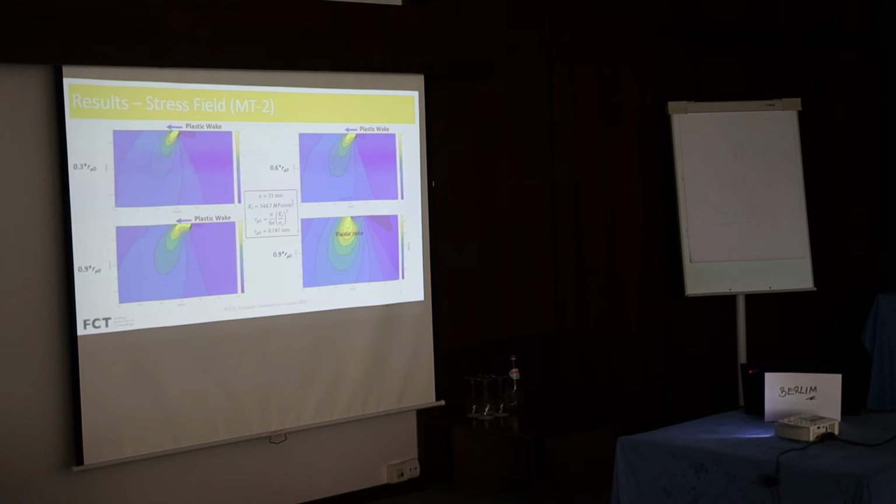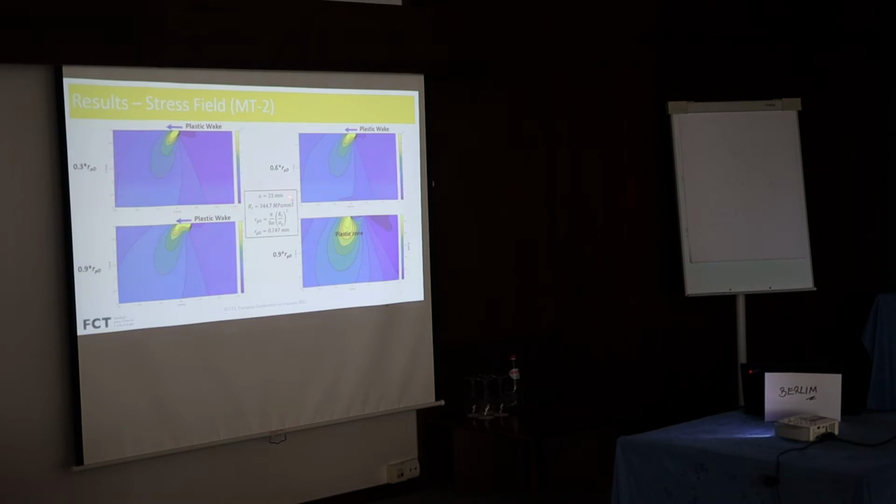In terms of the results for the stress field concerning the MT2 specimen, we use, as I said before, a crack length equal to 21 millimeters. We have a stress intensity factor of more or less 350 megapascals square root of millimeter, and we obtain a plastic radius of 0.747 millimeters.